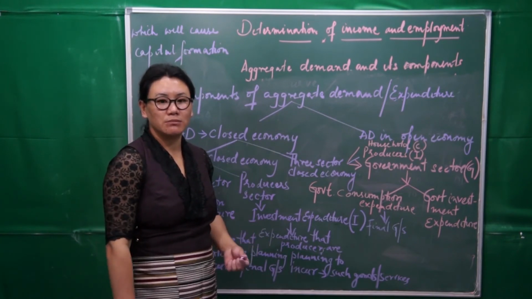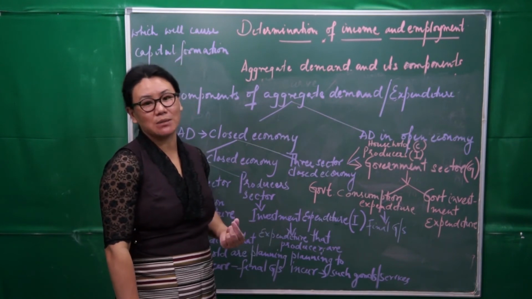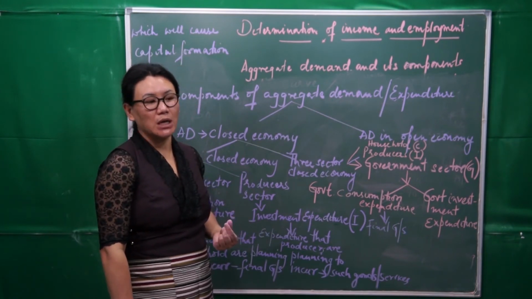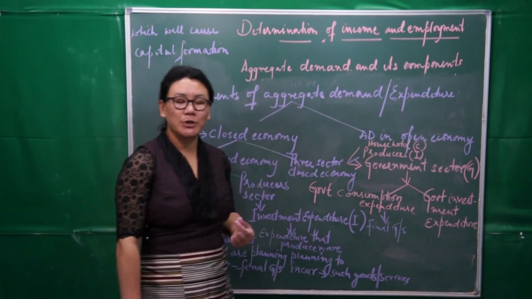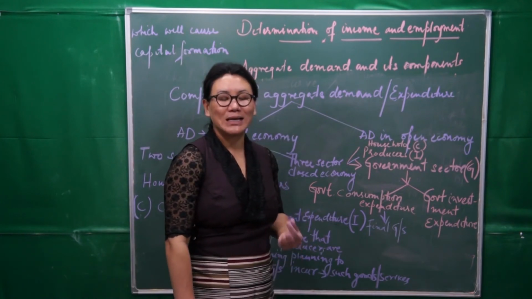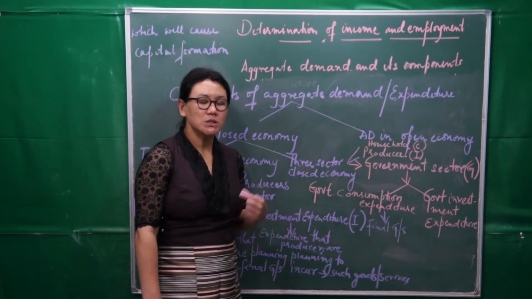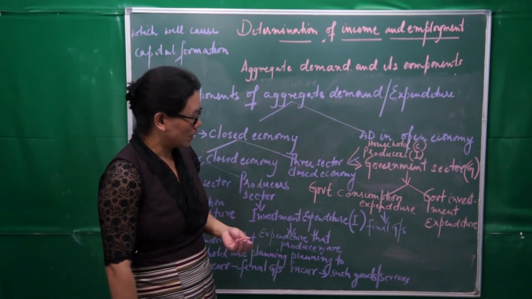Whose consumption? I will use here collective consumption. Okay, government is incurring expenditure on the purchase of final goods and services, which is meant for collective consumption of the society. Is that clear? Okay, one thing.